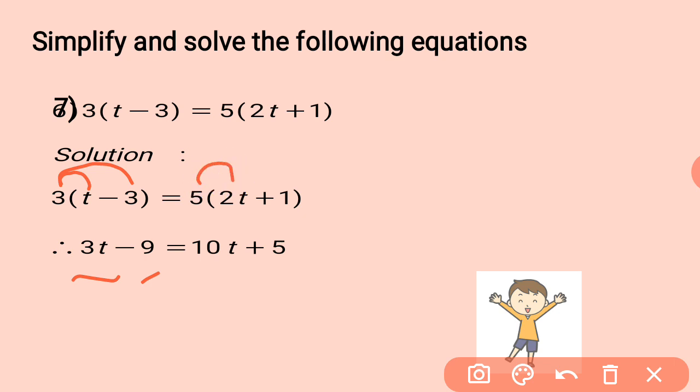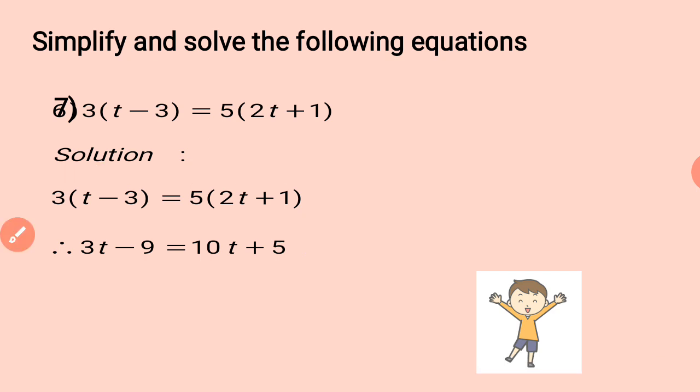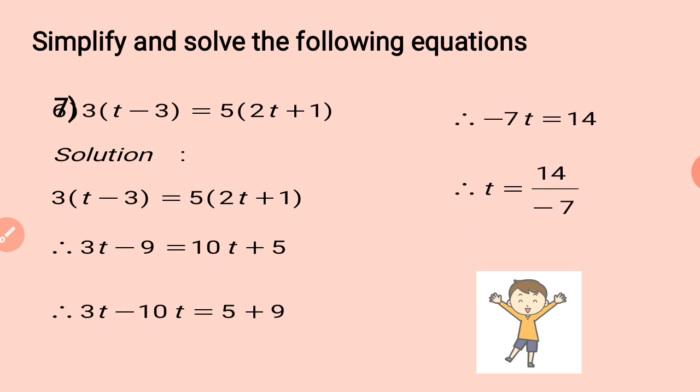Similarly, 5 is multiplied by 2t. We get 10t. And 5 is multiplied by plus 1. We get plus 5. This is how you open the bracket. Once that is done, the next step is transposing t on one side and the constants on the other. Proceed further, you get the value of t equal to minus 2.